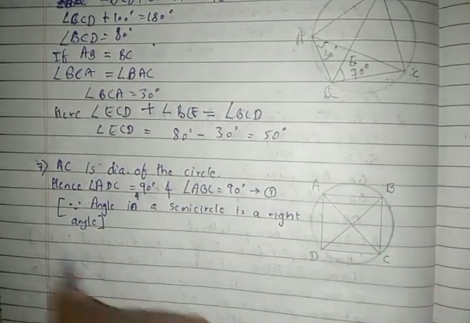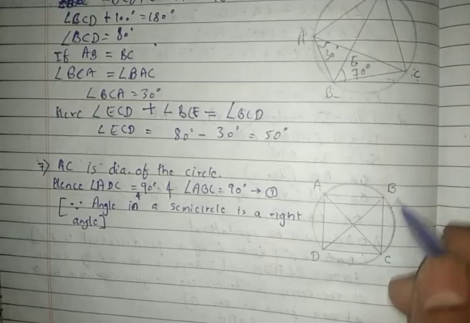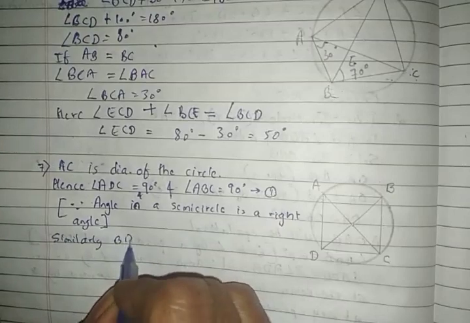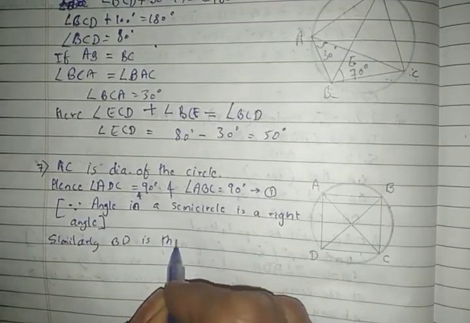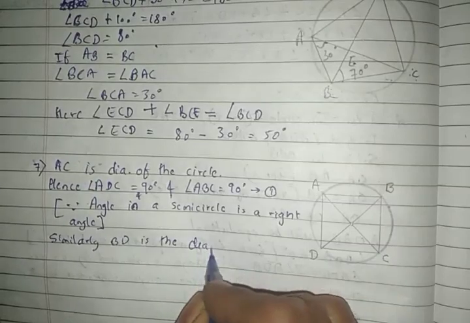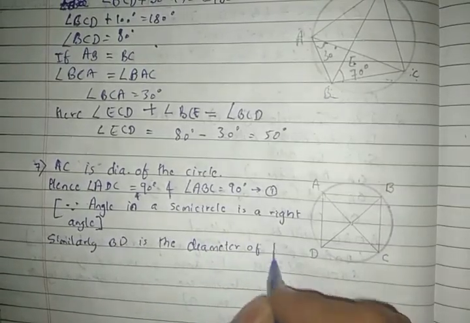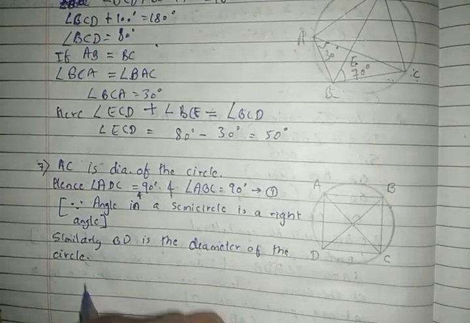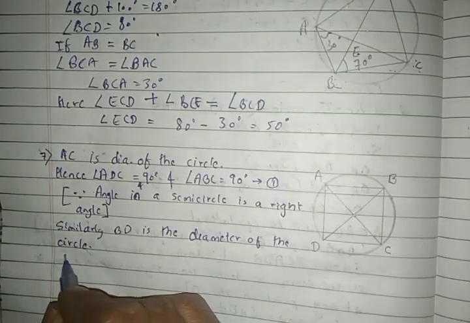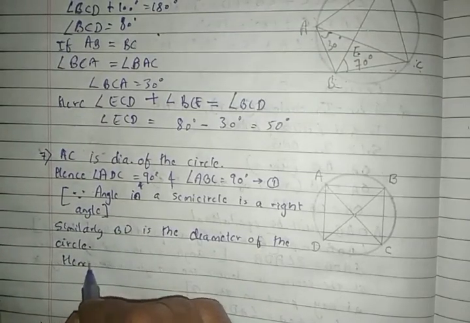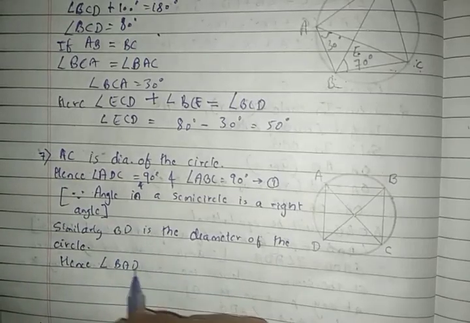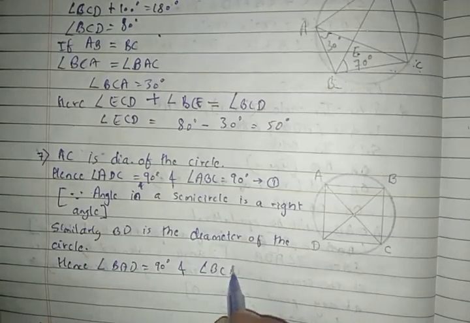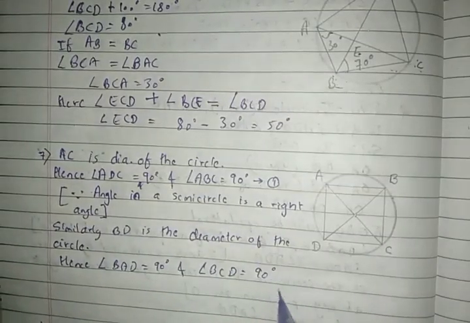Similarly, BD is also a diameter of the circle. Hence, you can say that angle BAD is equal to 90 degrees and angle BCD equal to 90 degrees.